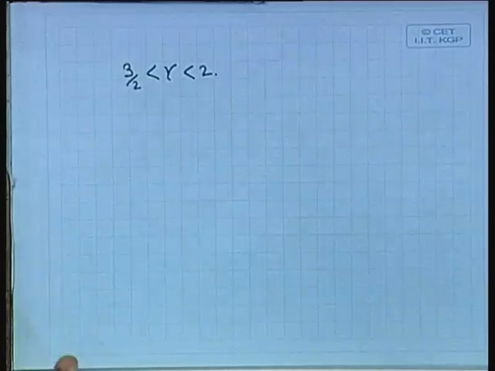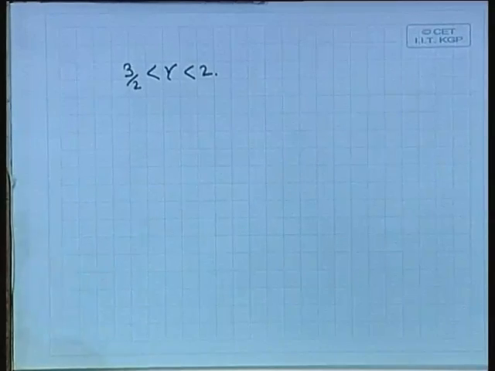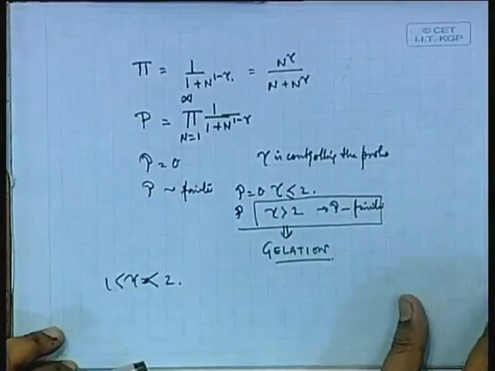In this region, first let us answer this question: what is happening? One node has infinite degree, or a huge degree, or a finite portion of the entire network's edges has been taken by one single node. And the number of nodes having degree 1 is infinite, or it grows.